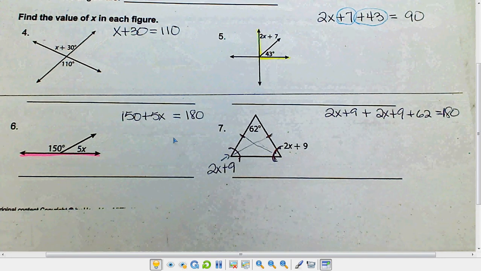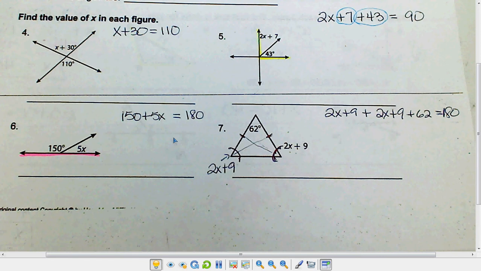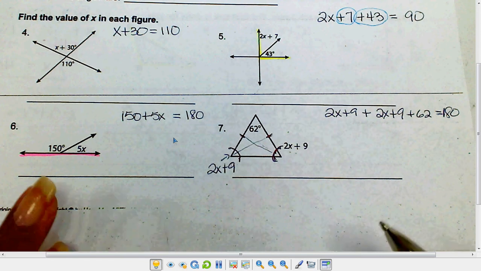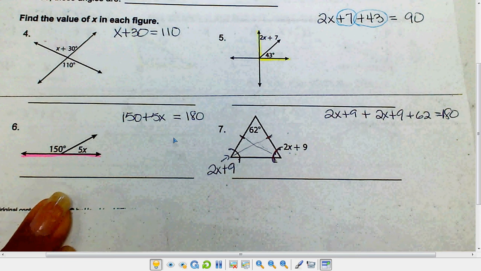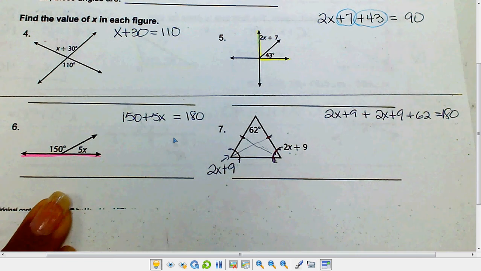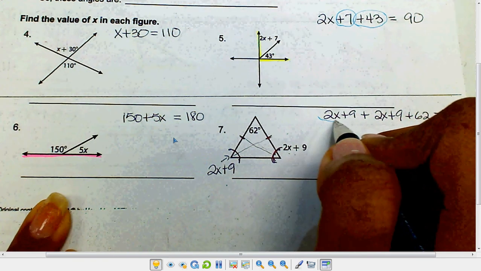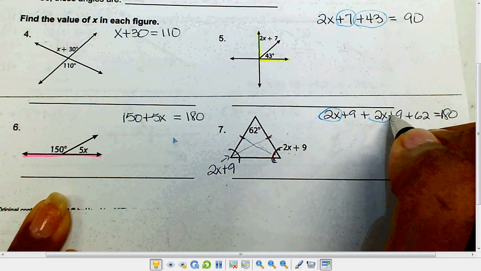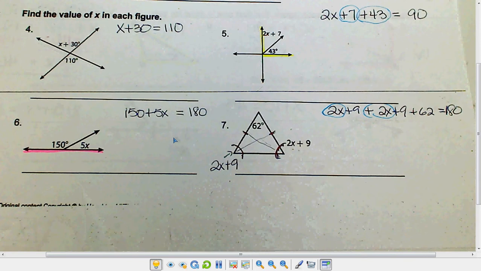Now since I know y'all are looking at this like, oh my gosh, no she didn't, I'm going to go ahead and do this one for you. Okay, remember, the goal is to isolate the variable, but we've got to combine like terms. So since I see these two terms right here with variables attached, let's go ahead and combine them together.